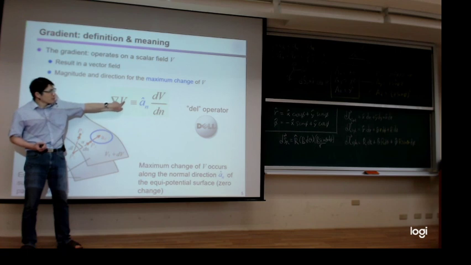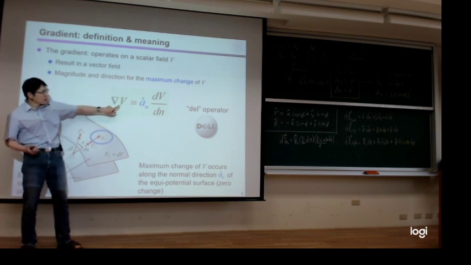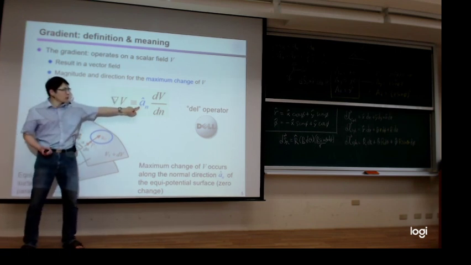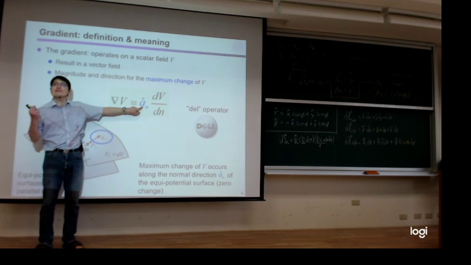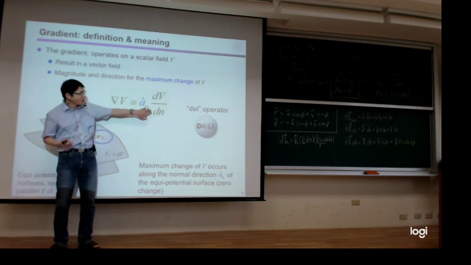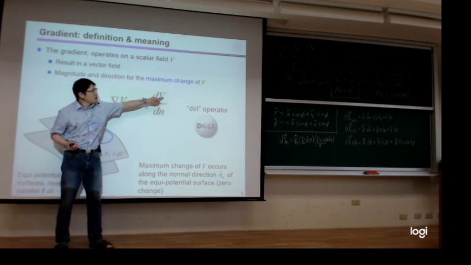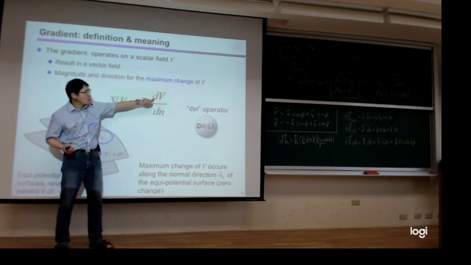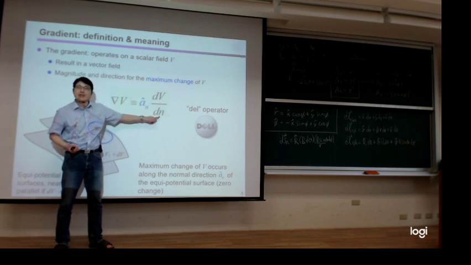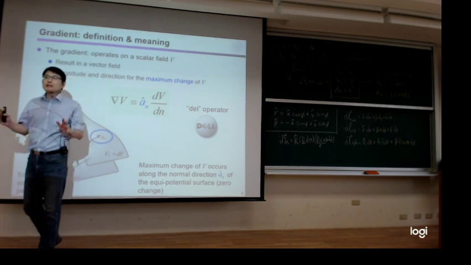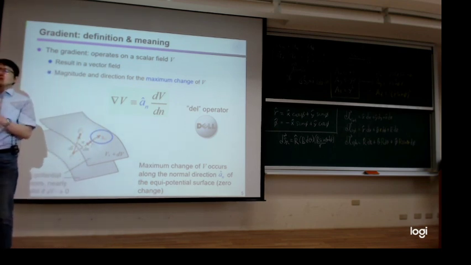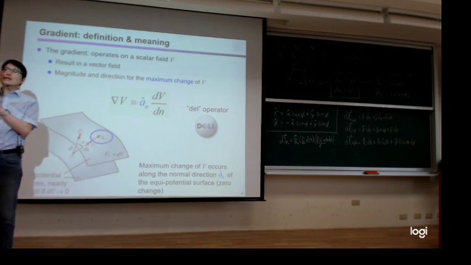After you perform the gradient operation on this scalar function, you arrive at a vector. And by definition, you're trying to find the change of your scalar function in that shortest path. So you perform the gradient, you find the path where you can change your V in the shortest distance.